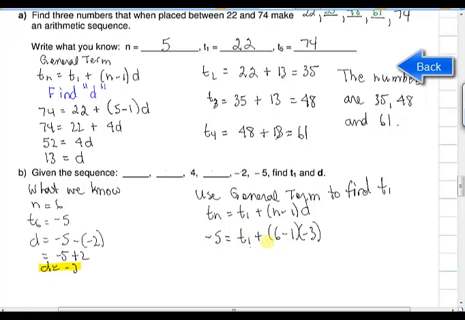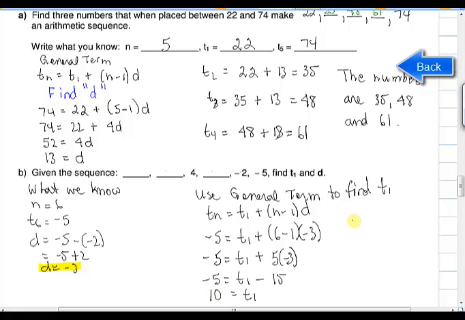So let's simplify our equation. Inside the bracket, I have 6 minus 1, which is 5. So I'm going to times that by -3. And 5 times -3 is -15. And I'm going to move that -15 over to the left, and it becomes positive. So I see that T1 is going to be -5 plus 15, which is 10.